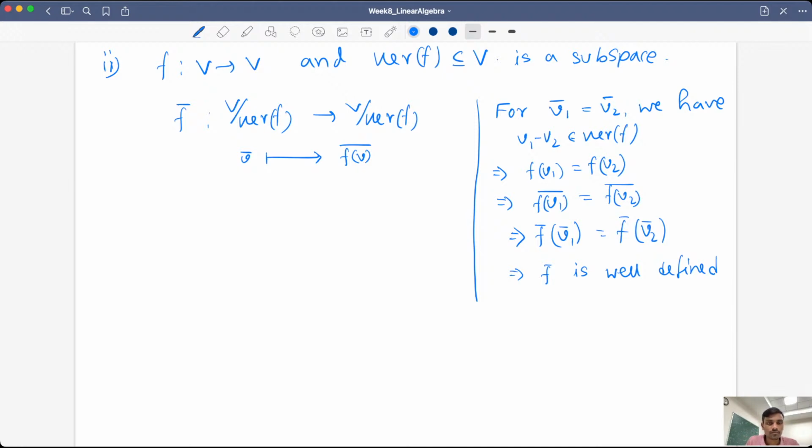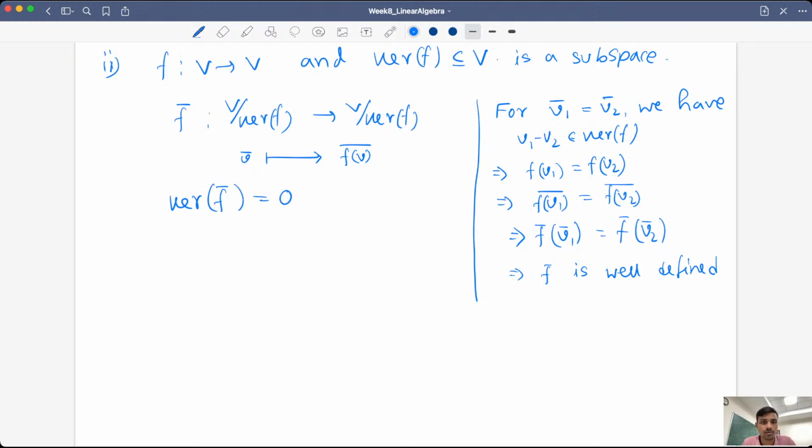Now what we need to show is that this is an isomorphism, right? This clearly belongs to kernel f, I can just send it to that, so there is no problem. Only I need to show that f bar is injective as well as surjective. So for the injectivity, I need to show kernel of f bar equal to 0.